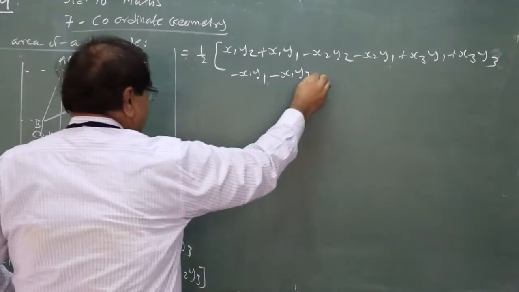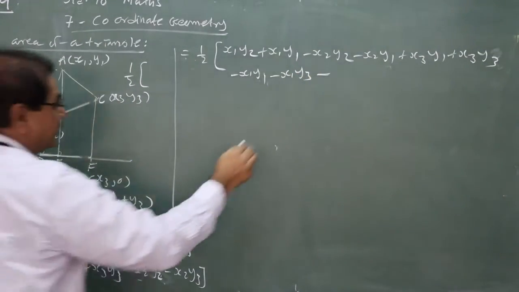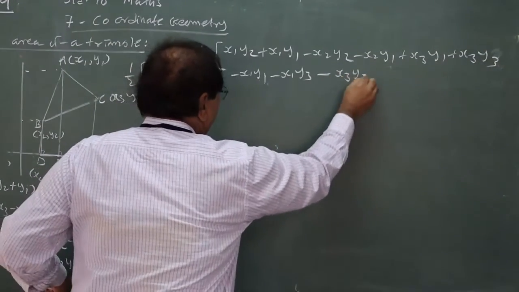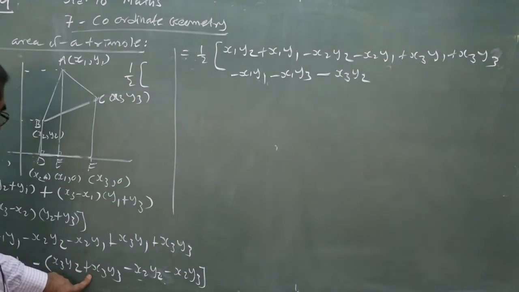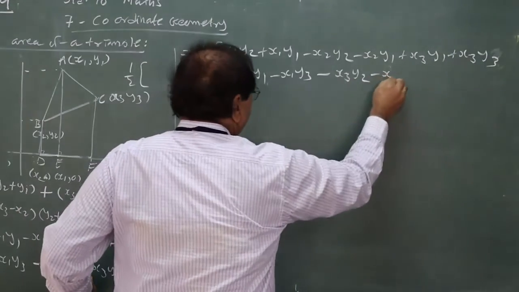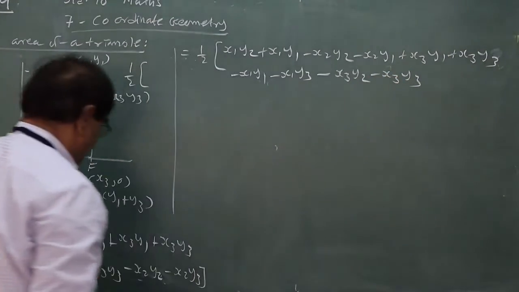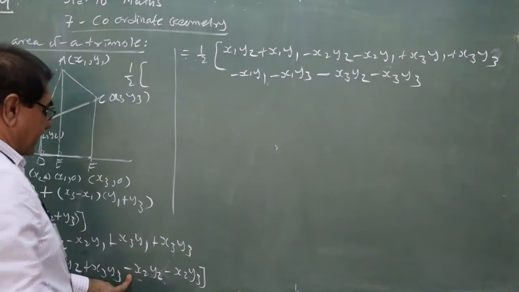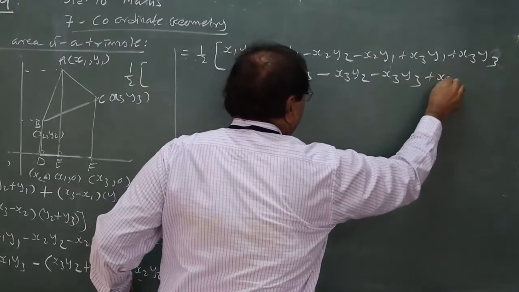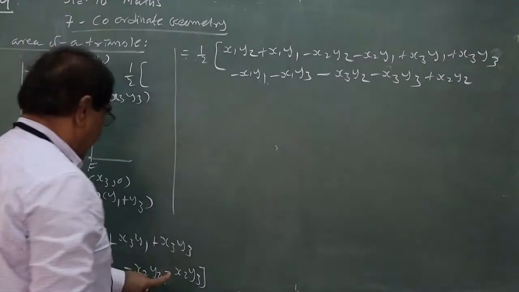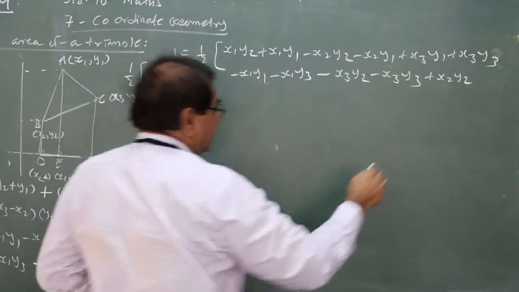Now the bracket opens: minus x3 y2, plus becomes minus x3 y3, minus becomes plus x2 y2, and minus becomes plus x2 y3.